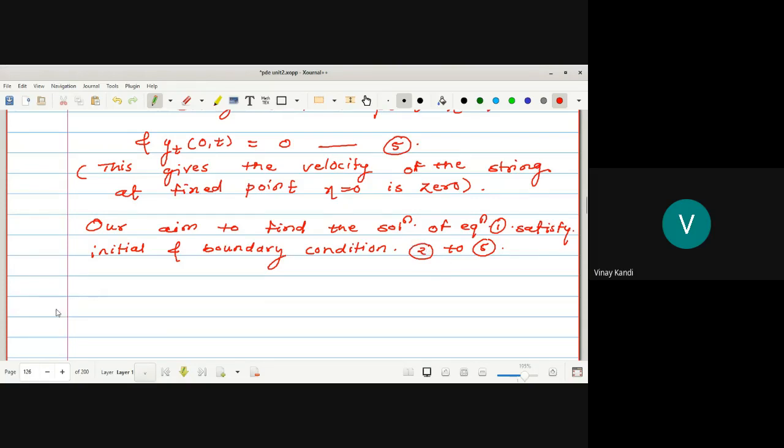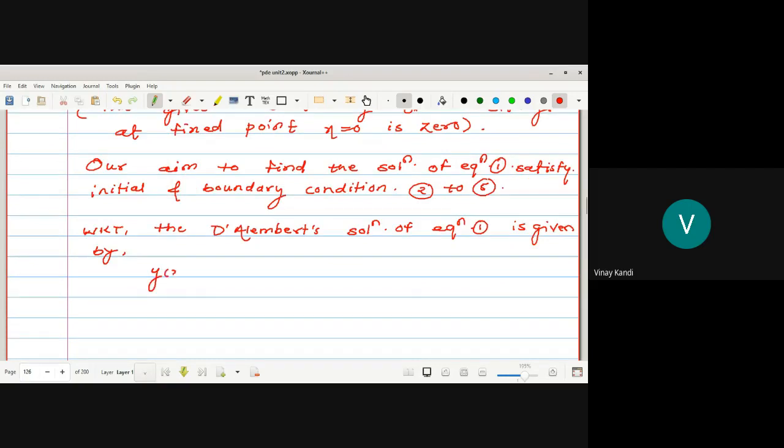Okay, so we know that the D'Alembert solution of equation 1 in the previous case, for an infinite string, is given by y of x, t is equal to 1 upon 2 into bracket u of x minus ct plus u of x plus ct.